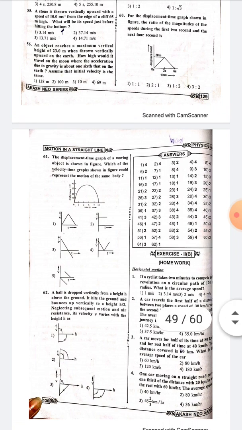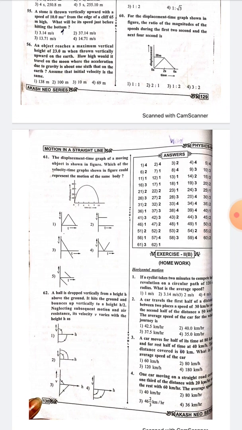What is the maximum height reached by the object? h max is equal to 23. What is the formula for h max, friends? Yes, u square by 2g. So 23 is equal to u square by 2g.